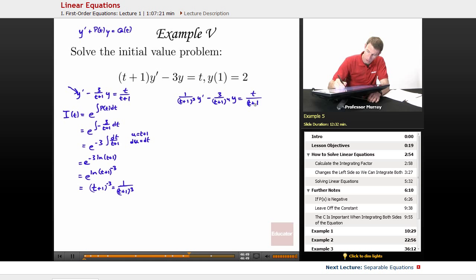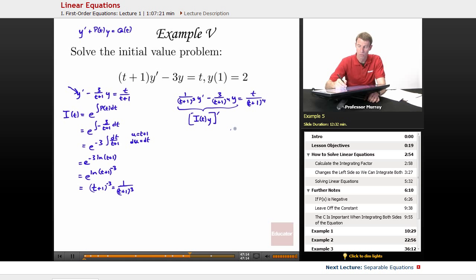The point of that is that this left-hand side is always equal to the derivative of the integrating factor times y if you took the derivative using the product rule. It's always a good exercise to check whether that left-hand side really is the derivative of I of t times y.